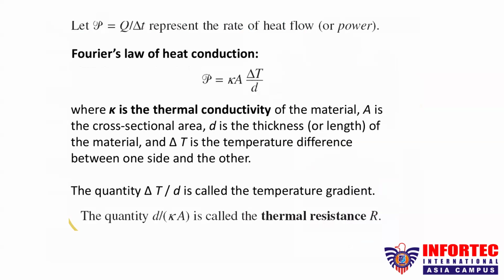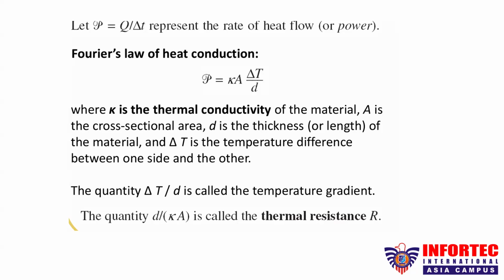And what is P? P is Q over T. It represents the rate of heat flow or power. Within the unit time, how much heat is flowing in this process? It is given by Q over T.